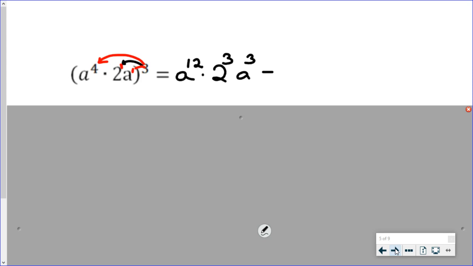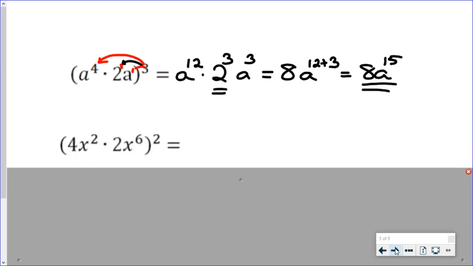And now, what is 2 to the power of 3? That's 2 times 2 times 2. So this gives me 8. And now I'm going to add my exponents, 12 plus 3, because it's the same base. So that's 8a to the 15. Okay, think about that for a minute.